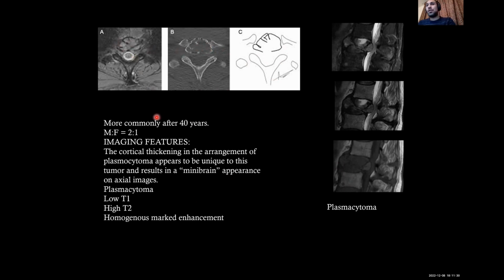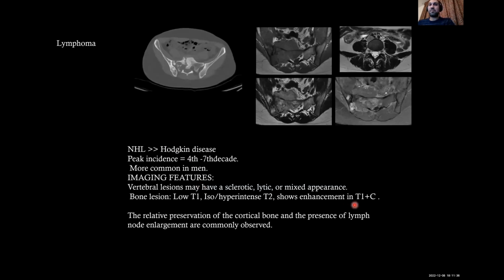Actually, it is not a widely established concept, but it can help. This is a lymphoma: heterogeneous low signal, heterogeneous enhancement, heterogeneous signal in the fluid sensitive sequences, mixed sclerotic and lytic lesion, and a large soft tissue component. Lymphoma should be in the differential. Okay.